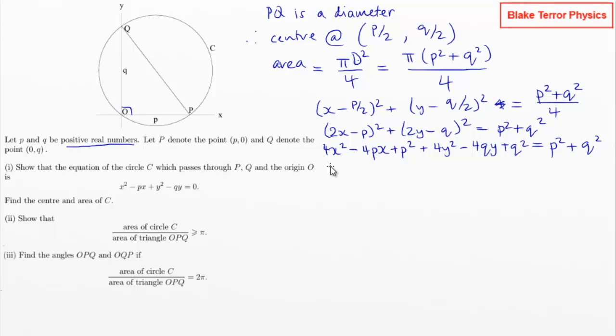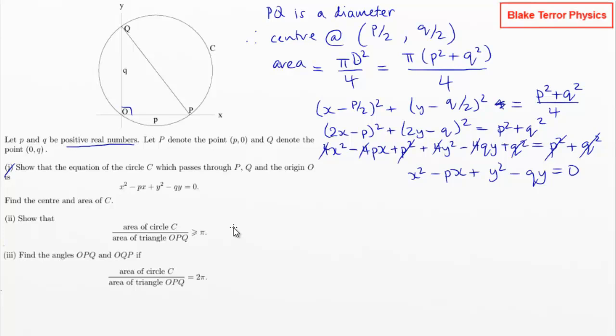So we're left with, we can divide by 4 as well, so we're cancelling that with that, that with that, and then that, and that all cancel off, leaving x squared minus px plus y squared minus qy equals 0. Okay, so that was the first bit. Okay, I ended up doing it in reverse order, but hey ho.